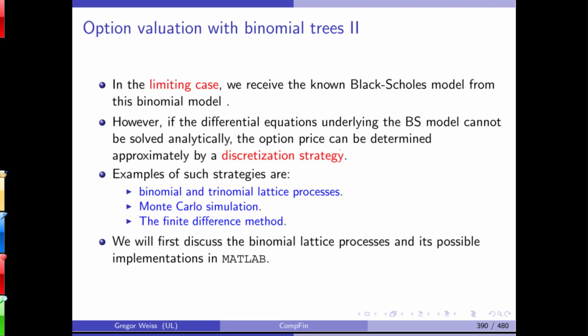I've already talked a little bit about Monte Carlo simulation, which in fact is a very general approach in statistics, but here it means you take the stochastic process you have assumed for the time evolution of your underlying price, you simulate a path from that stochastic process and then plug it into the payout profile of the option, and you get a simulated payout of the option under this path of the stochastic process for the underlying. You repeat it 10,000, 50,000, 100,000 times, and then you can calculate the option price.